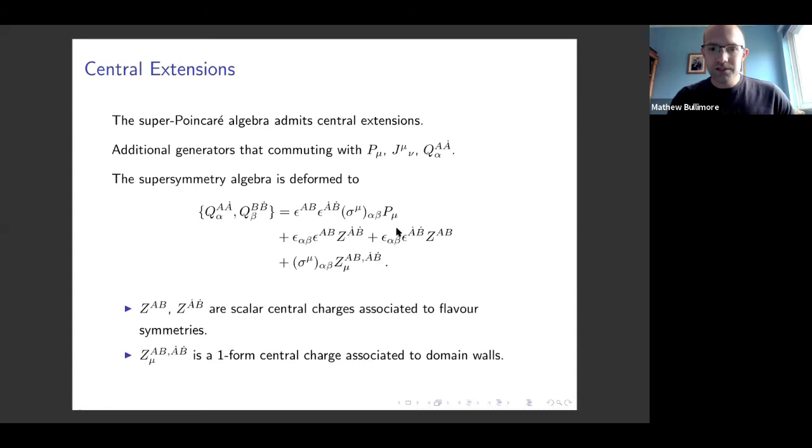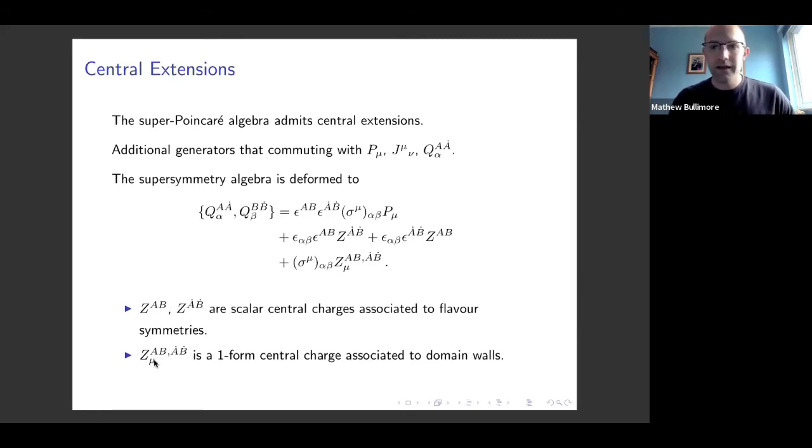So there are two scalar central charges that I call Z here, and they're clearly going to be charged under the R symmetries. And then there's also a vector, or a one-form, central charge, so it's got a vector index here. That's not associated to flavor symmetries, but it has something to do with domain walls.